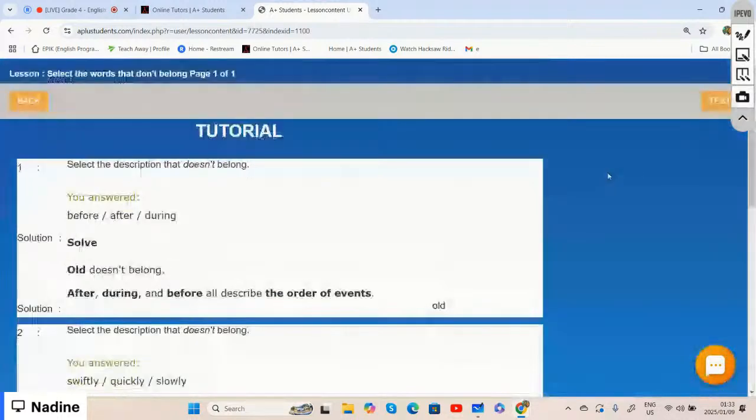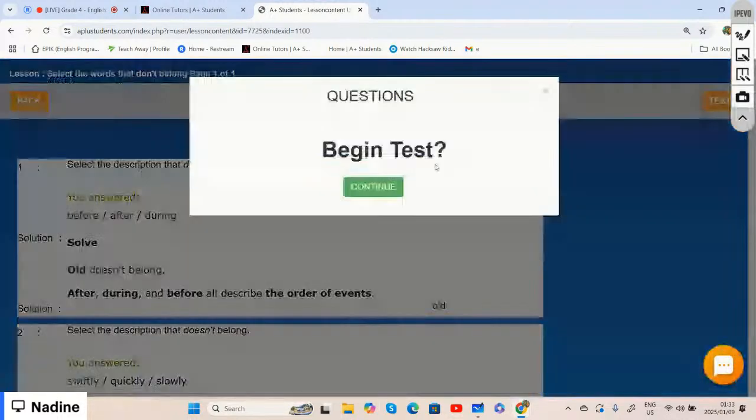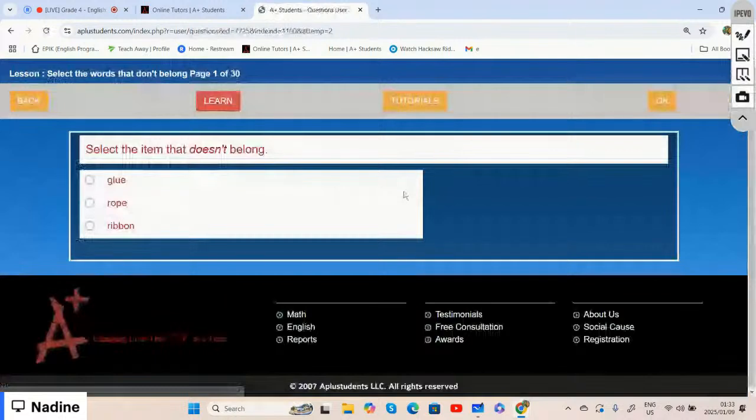All right, so now we're going to a test where we're going to select words that does not belong to a specific group, right? Look at this one. The first one says, select the item or the thing that doesn't belong. Glue, rope, ribbon.